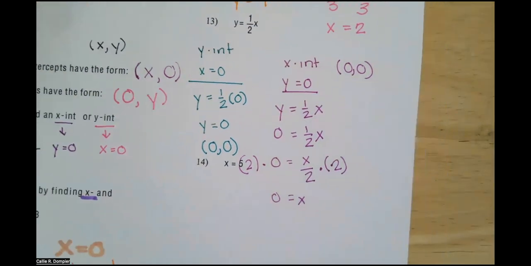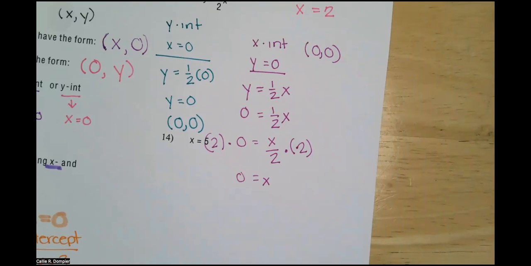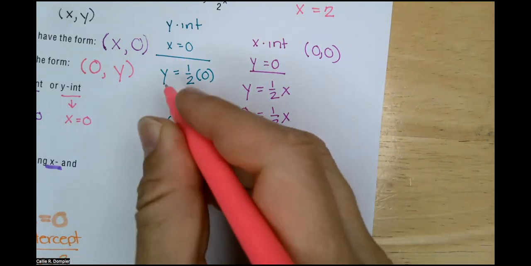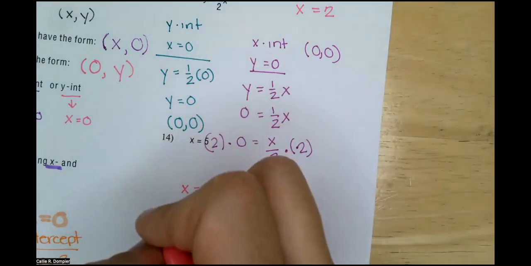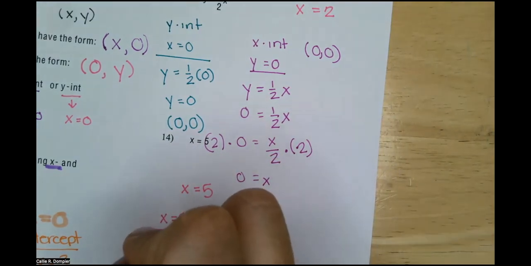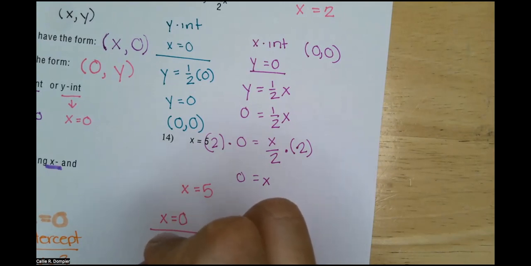Okay. 14 is just the line x equals 5. So to find my y-intercept, I need to set x equal to 0. X equals 5 becomes 0 equals 5.